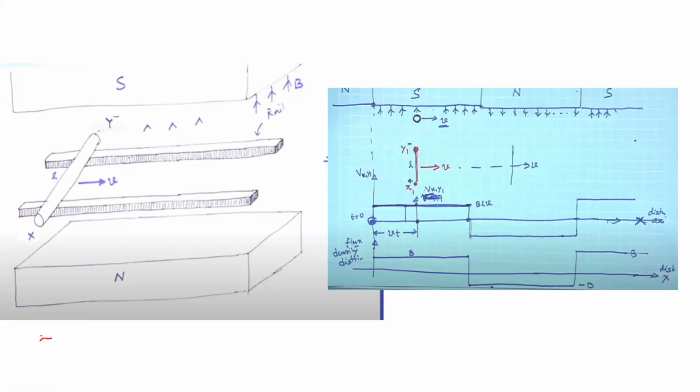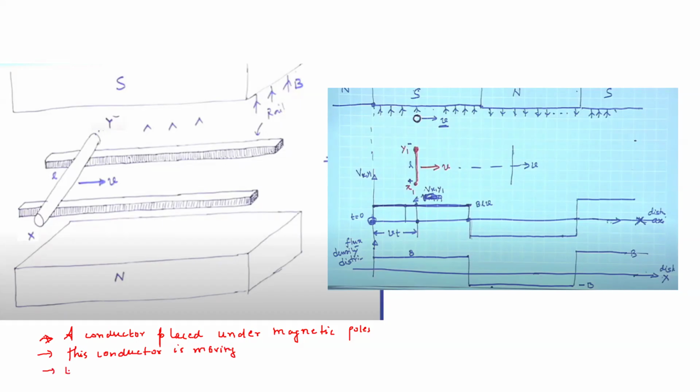So here we have a conductor placed under magnetic poles, and this conductor is moving. So what will happen? EMF will get induced.